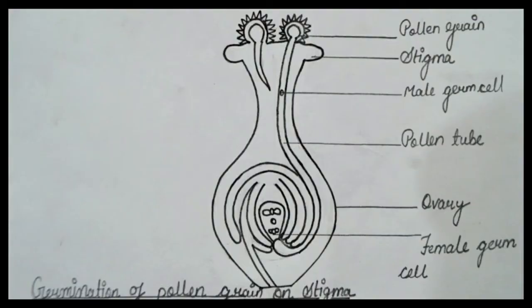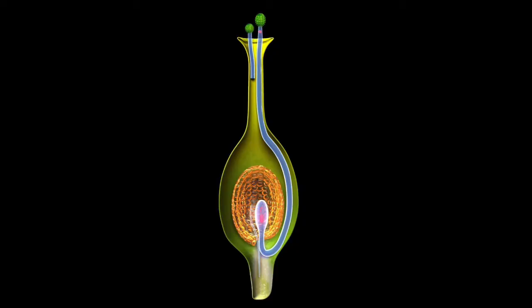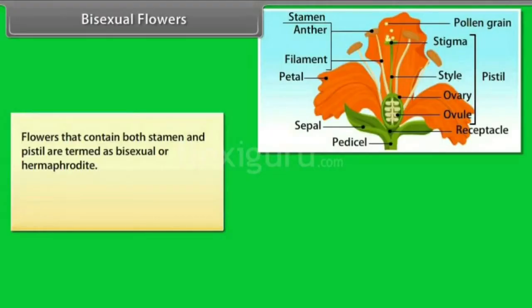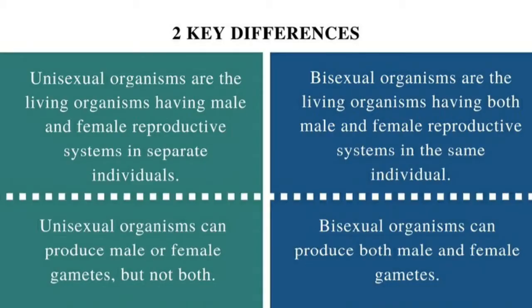The pollen grains germinate on the stigma, and the pollen tubes that carry the male gametes reach the ovule and discharge two gametes near the egg cell. In bisexual animals, the organism must evolve a special mechanism for gamete transfer. Since male and female gametes are formed in different individuals, it is essential for fertilization.